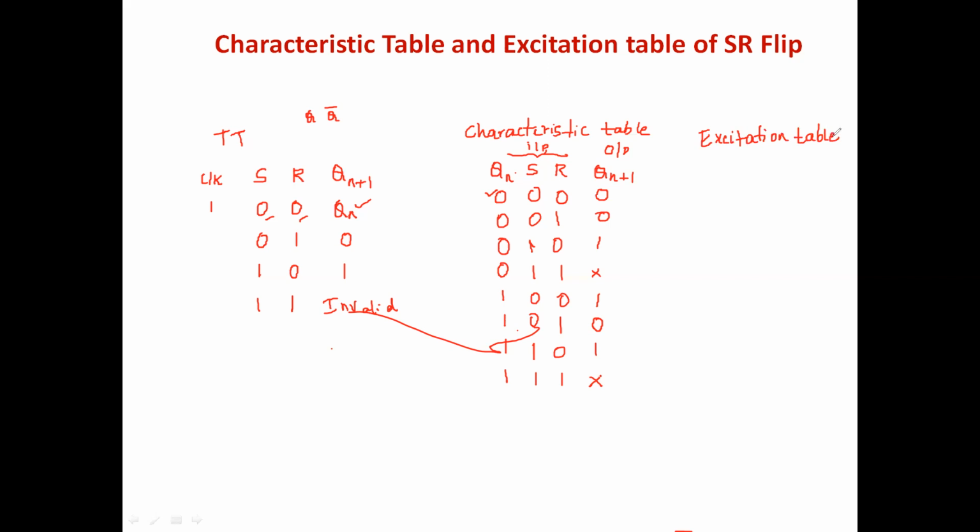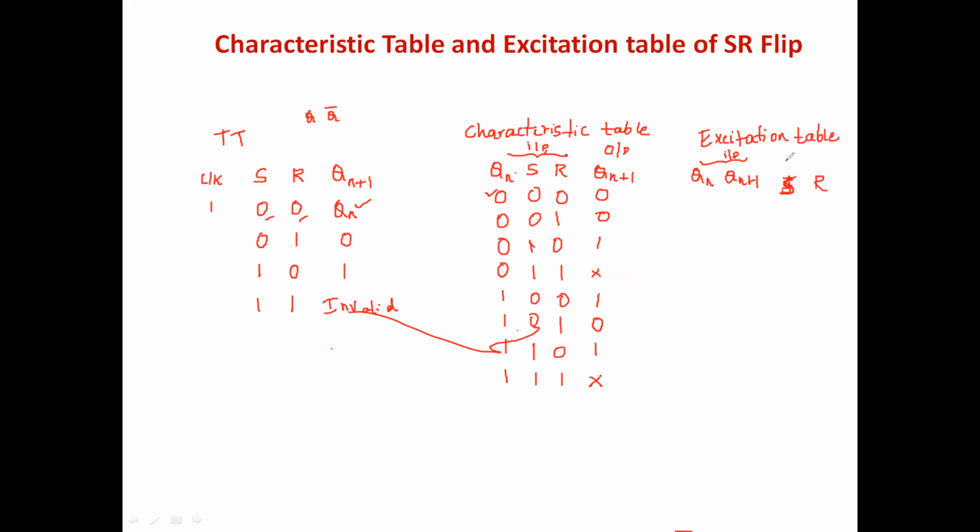So for excitation table of SR flip-flop, I'll write here excitation table. For excitation table, I will consider Qn and Qn plus 1 as my input. So this is nothing but input. For these combinations of input, what is the value of S and R required?